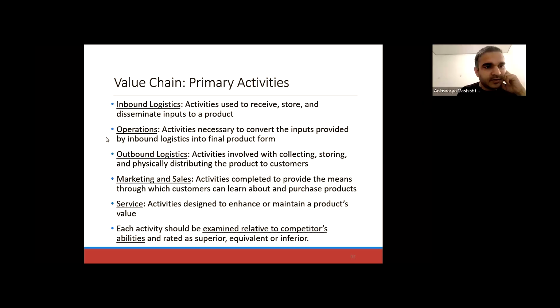Yes, it's benchmarking, right? You benchmark, you compare your product to other products, especially the industry leaders, right? That is what it is.